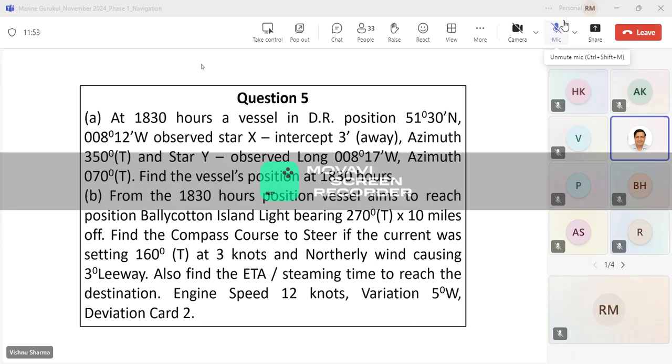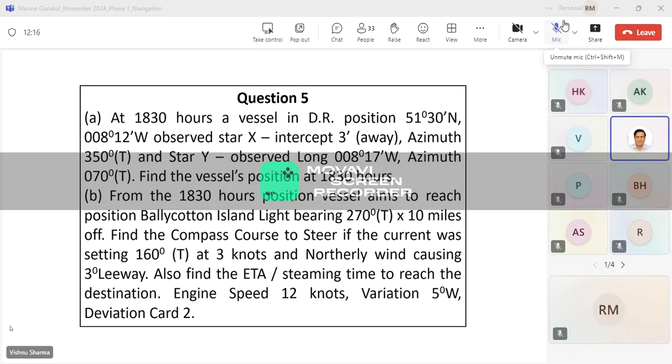Without your asking, I have been addressing these doubts, but the problem with you guys is that you want everything served on a plate. Questions will not remain the same. Questions will change. You have to have your concepts in place and understand what is to be done where.